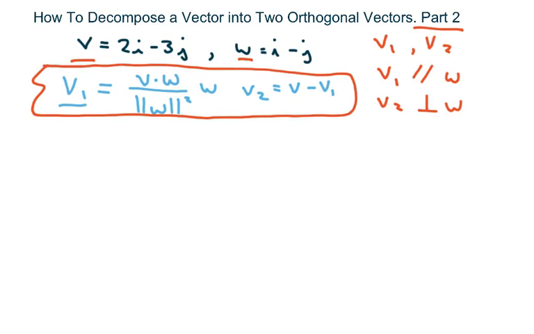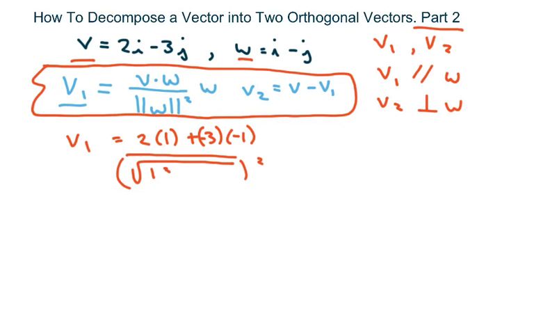All right. So basically, V1 equals, so V1 is going to be 2 times 1 plus negative 3 times negative 1 over the square root of 1 squared plus negative 1 squared.